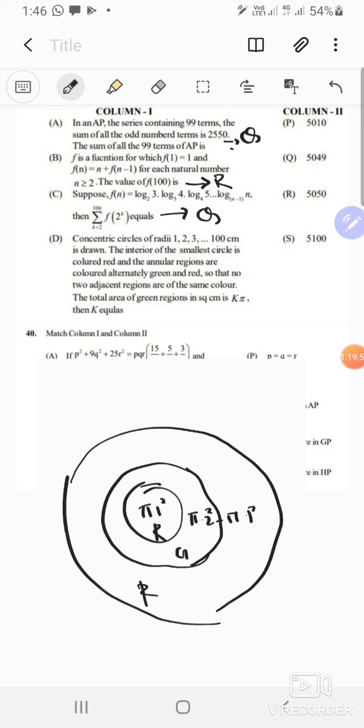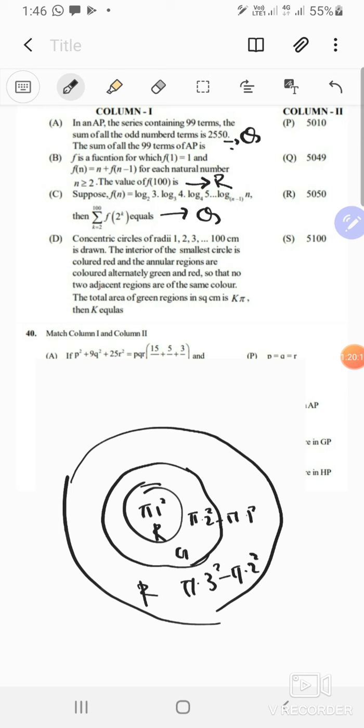And then this red region will have area pi into 3 squared minus pi into 2 squared. This goes on till 100. So the first one was red, the second one was green, the third one red.